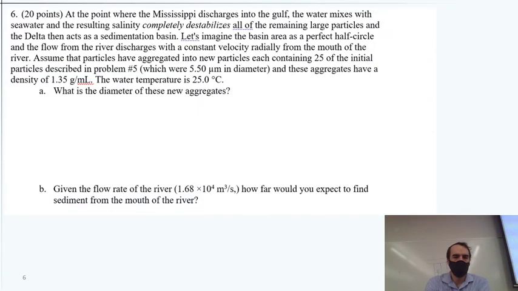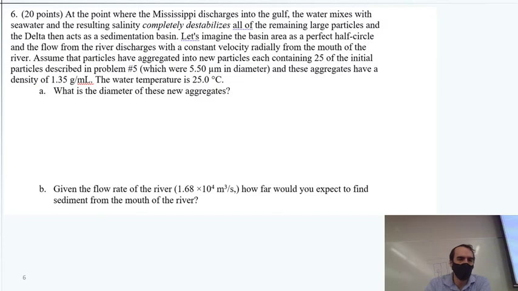So the next problem kind of built on that same one, but I gave you some new values, so hopefully you didn't have to get the previous problem correct to get this one. And here we have that same water flowing out into the Gulf, and essentially we are getting particles that have been destabilized.